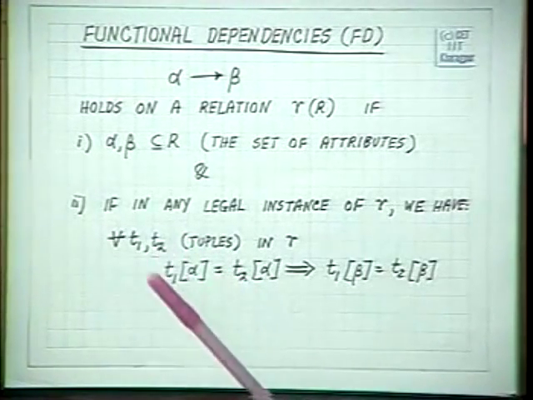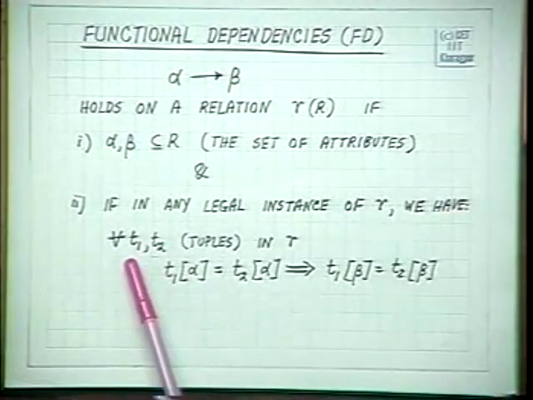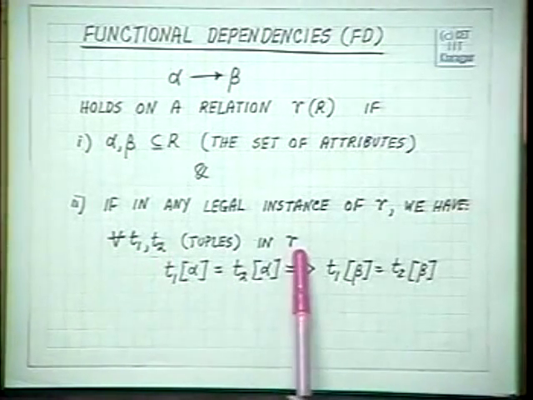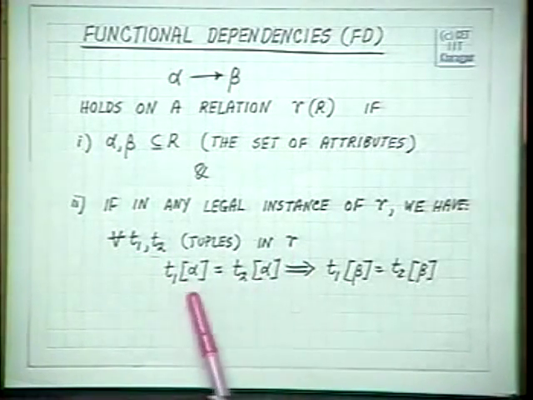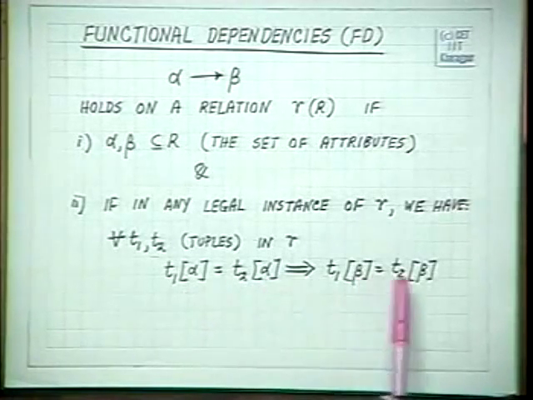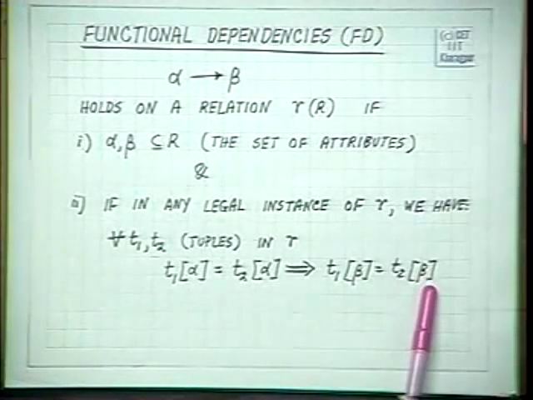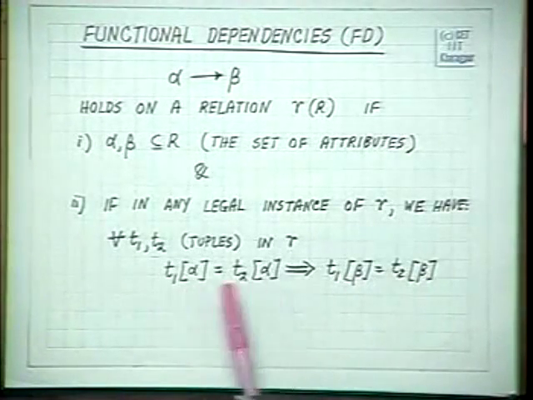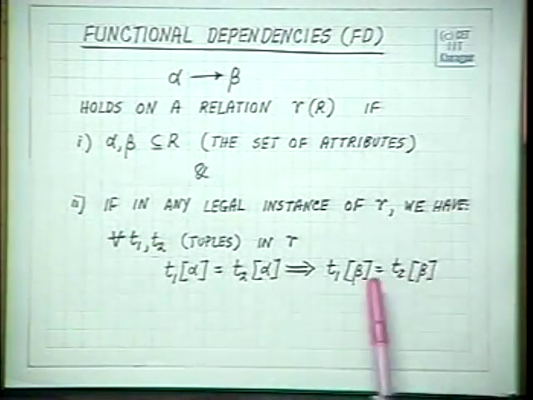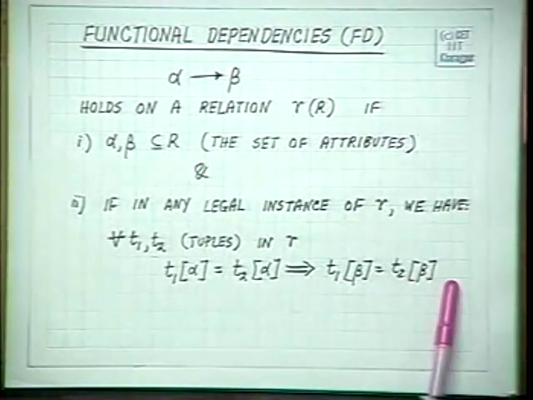Every legal instance of R must have, for all tuples T1 and T2 in R, if their alpha part is equal, their beta part must also be equal. If their alpha part is different, the implication says anything can happen here, they may be the same or different, I do not care.